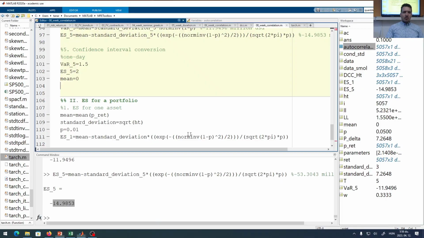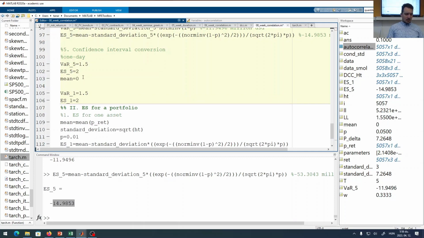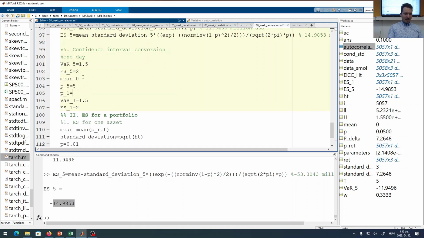And 1 day VaR and ES will be looking for this one and also this one. Okay, and P0 equals 5 and P1 equals 1.